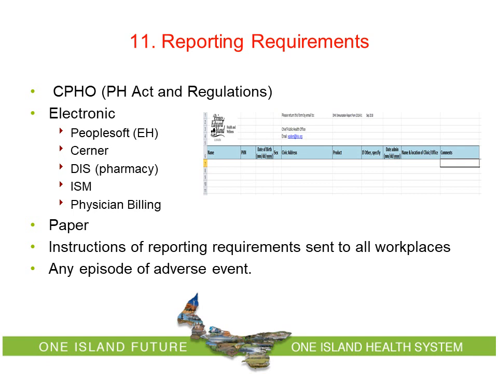Instructions of reporting requirements have been sent to workplaces and can also be accessed on the princeedwardisland.ca website under frequently asked questions for influenza. Also, any episode of an adverse event must be reported to the Chief Public Health Office.